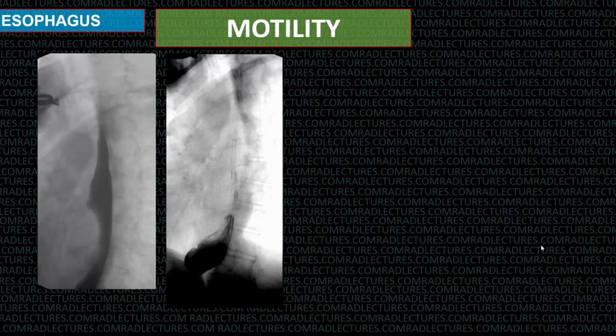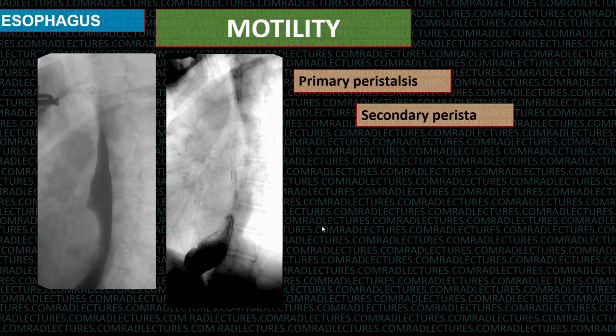So mucosal folds. Now, motility of the esophagus consists of primary peristalsis and secondary peristalsis. Primary peristalsis is an inverted V-shaped area at the top of the bolus. As the bolus goes down, this V also moves downward.